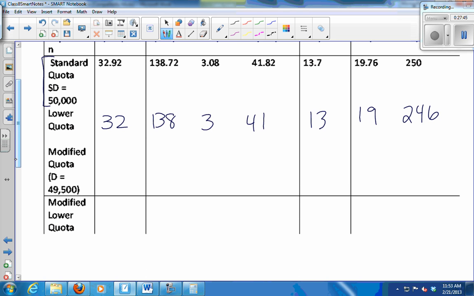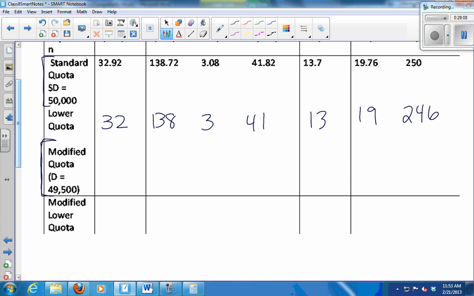So if 50,000, the standard divisor, gave a result that was too small, we need to make the divisor smaller. When you divide by something smaller, the answer will be bigger. So we make our next guess, which we call the modified quota. We're going to guess 49,500.